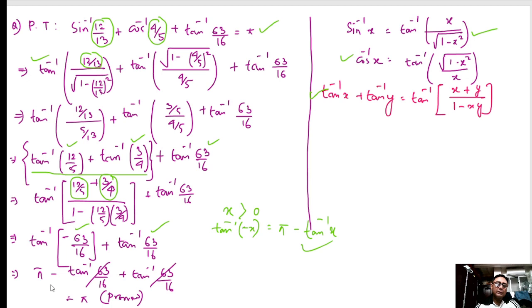Using this, we get this, and this cuts. So this is our proof. Clear? Please note this formula, tan inverse minus x, if x is greater than 0. Clear? Next, let's move on to the next part.